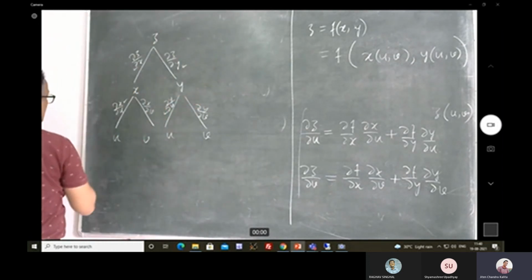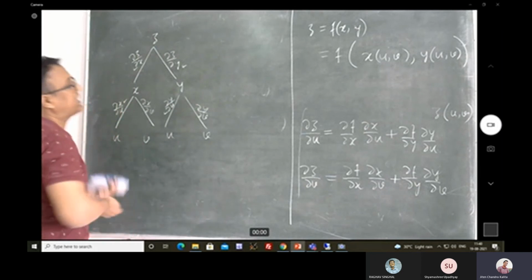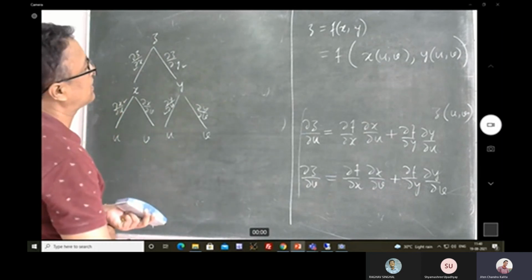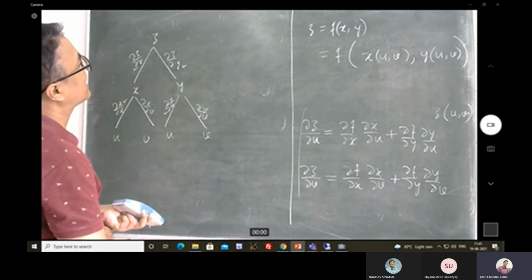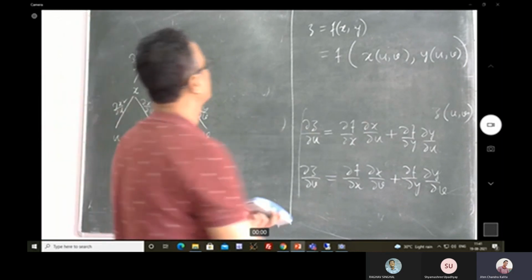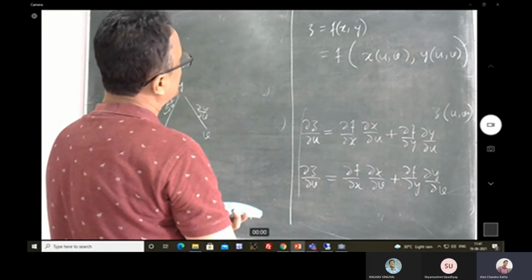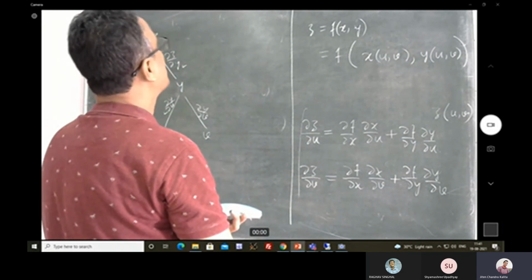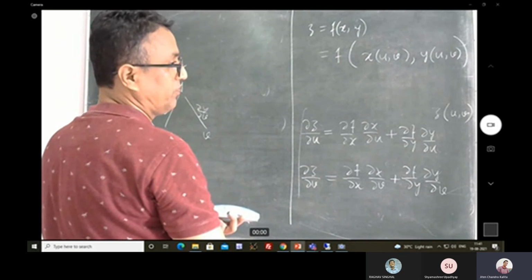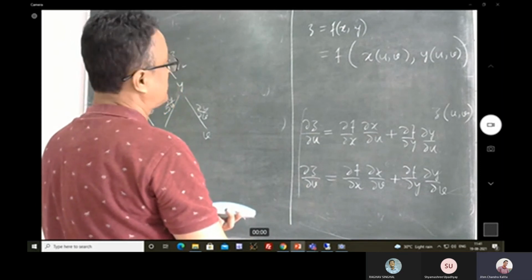Okay, see now, and again here, another thing we have to assume. So here, of course, firstly, we are going to assume that z is a differentiable function.